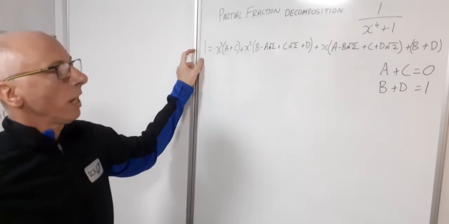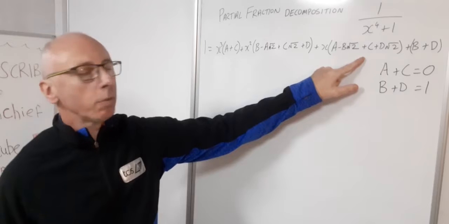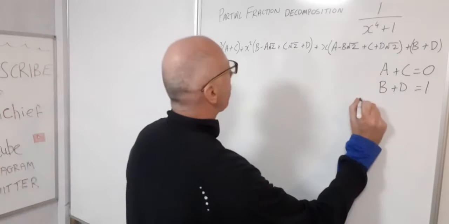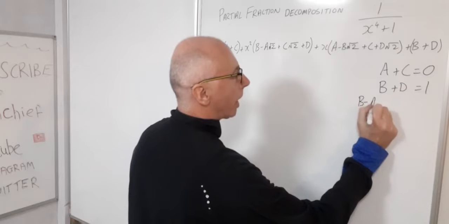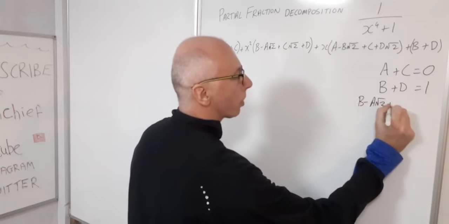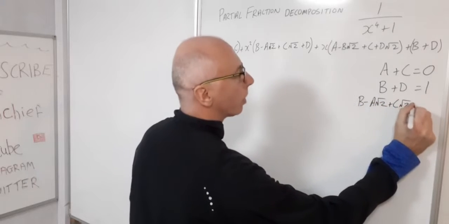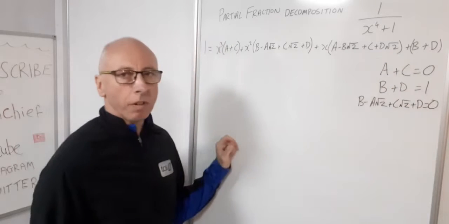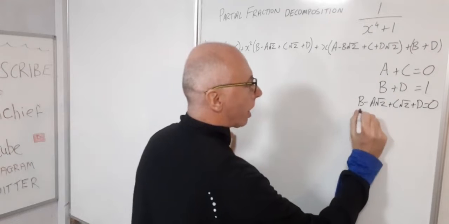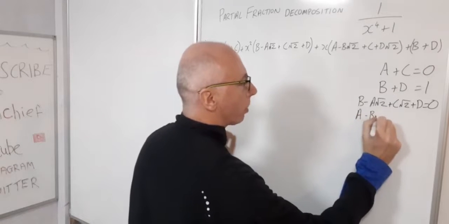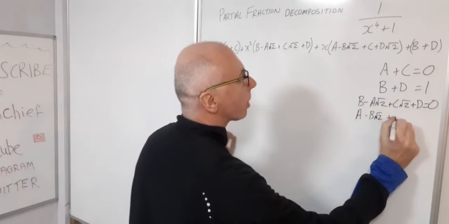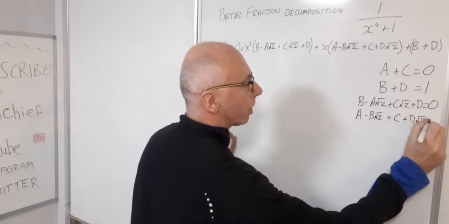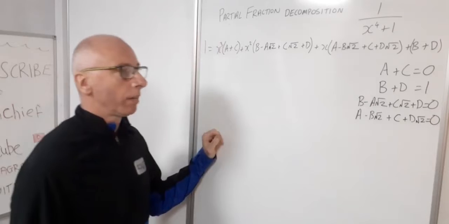No coefficients here, so we can set these two terms with the square roots inside equal to 0. So now I'm going to have b minus a root 2 plus c root 2 plus d equals 0. And a very similar looking equation. This time I'm going to have a minus b root 2 plus c plus d root 2 is also 0.